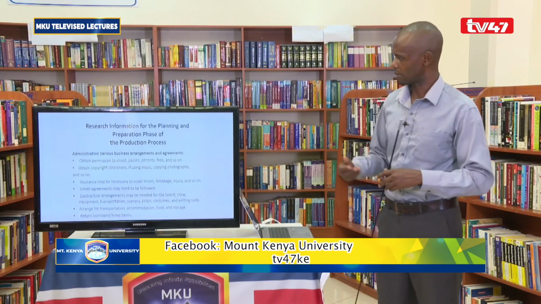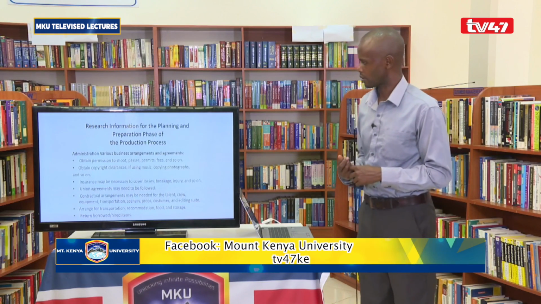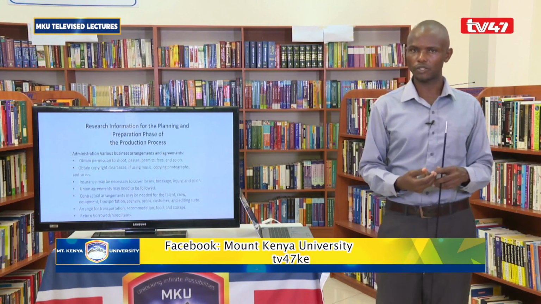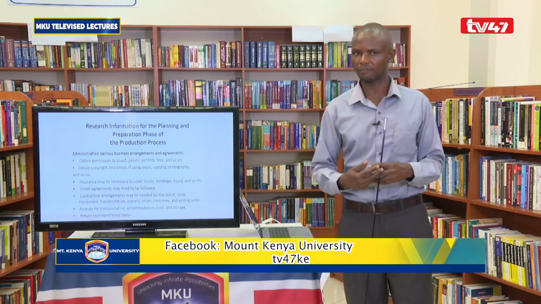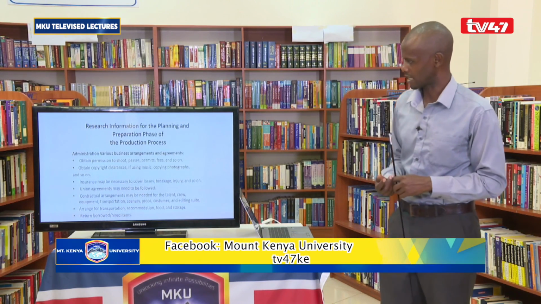If it is owned by the county government, you'll have to talk to those in authority to give you that permit. If there's any money that you are supposed to pay, then you'll have to know how much and arrange to pay for it in advance.